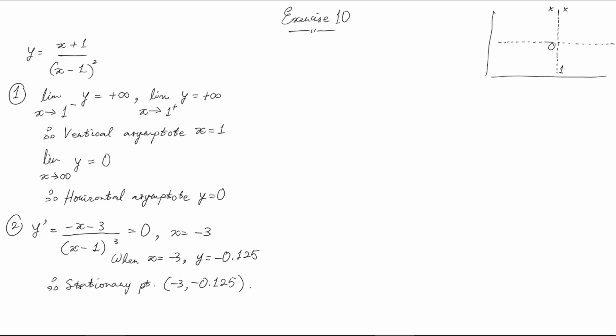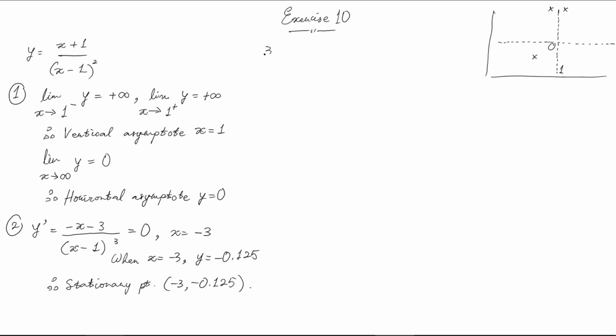So we just have to note that there exists a stationary point somewhere at -3 and -0.125, and if we take a look here, the stationary point might be somewhere to the left and below the axis. Let's just use it here, assuming that we have a y-axis over here and x-axis over here, enclosing on this horizontal asymptote. So there's a stationary point down here, down and left.